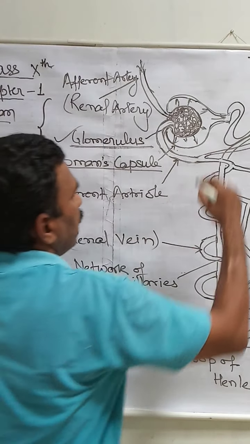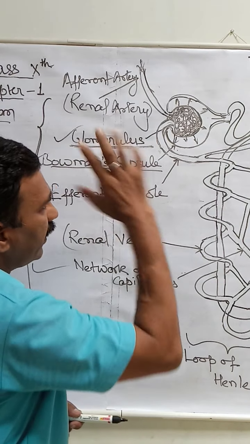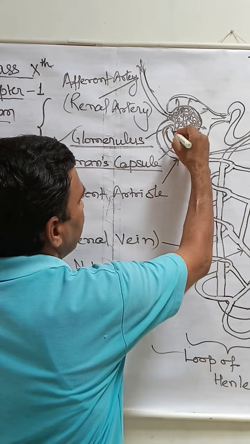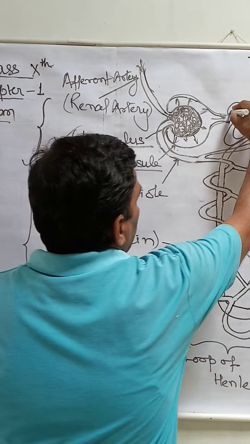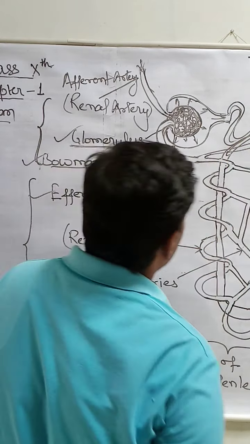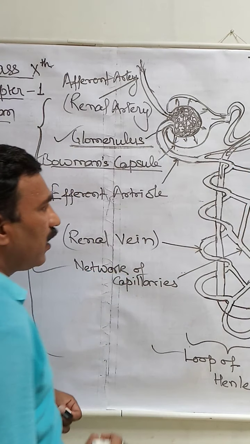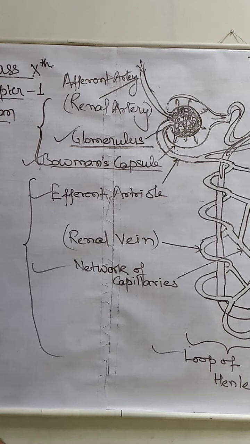Got it? All those components other than the blood cells pass out. They are as if filtered and move out through this proximal convoluted tubule.